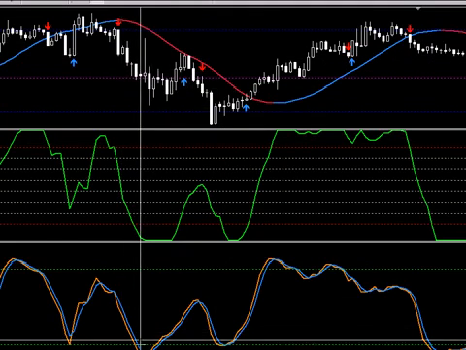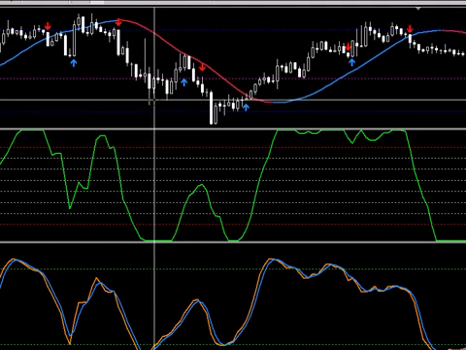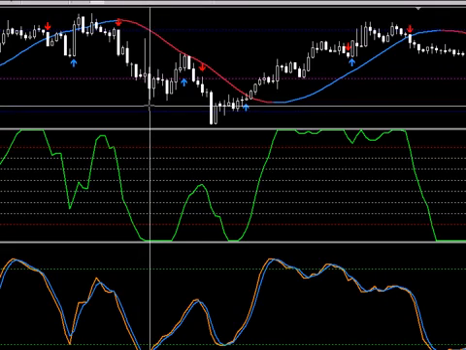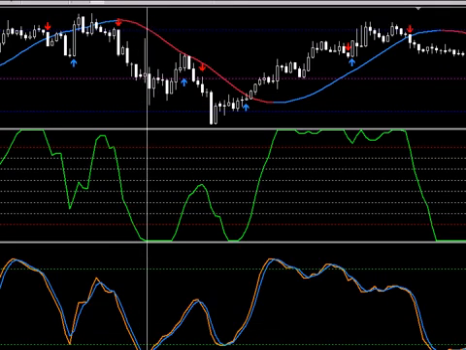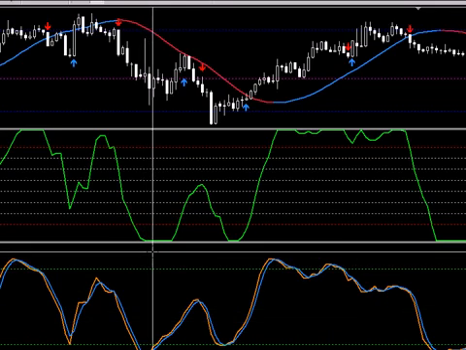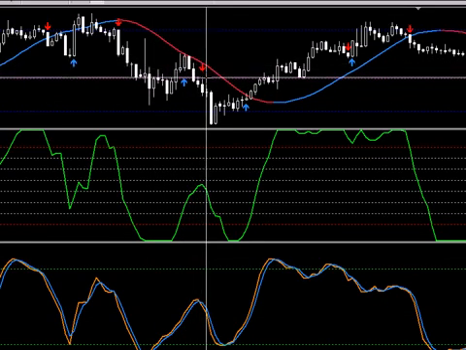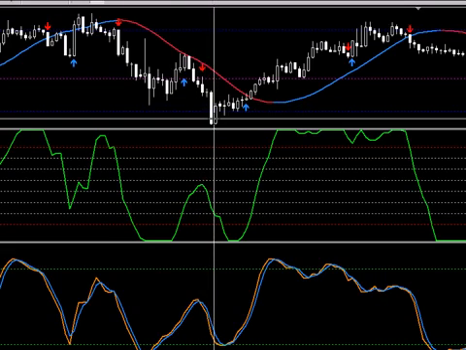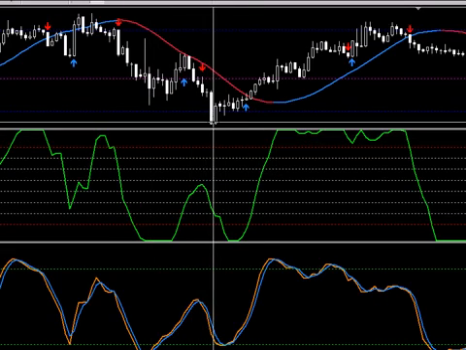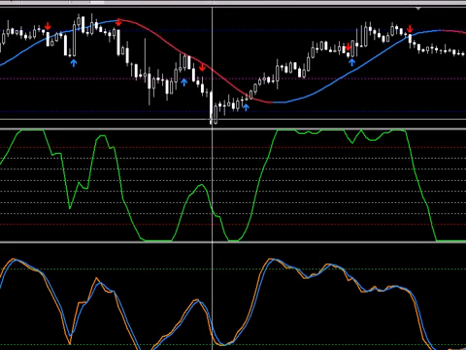See how we had that low on the Forex chart here, and we had this low on the stochastic, no problems, and we had this bit of a pullback where it's come back up again, and it's turned back down, and see how we've got an obvious newer low. It's obviously a lot lower than that previous low.